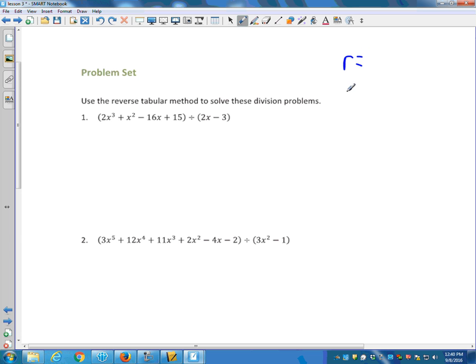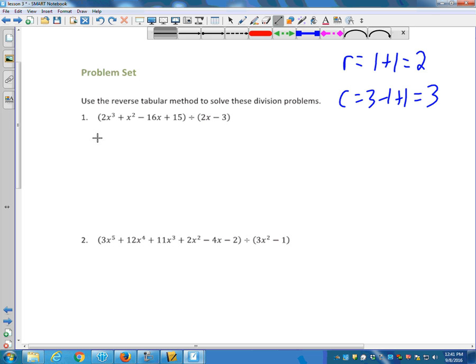How many rows? 2. How many columns? 3. 2 rows, 3 columns. Does everyone know what a row and a column is?